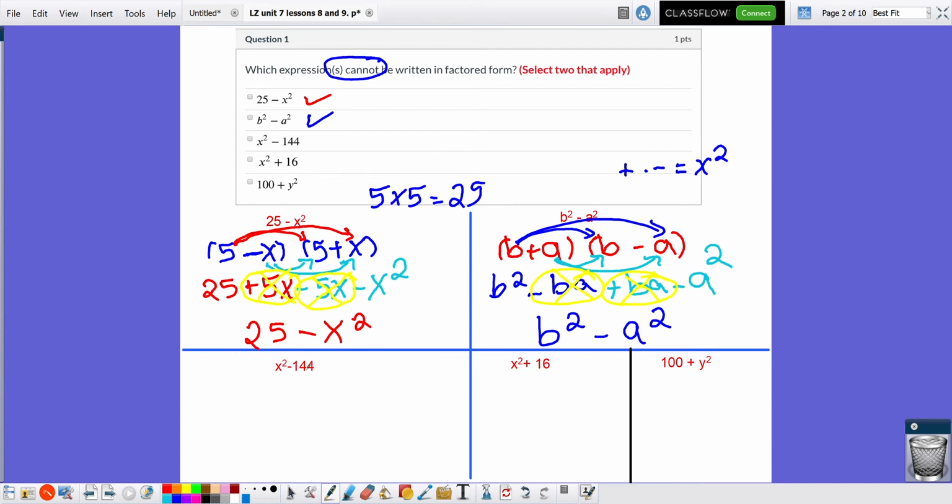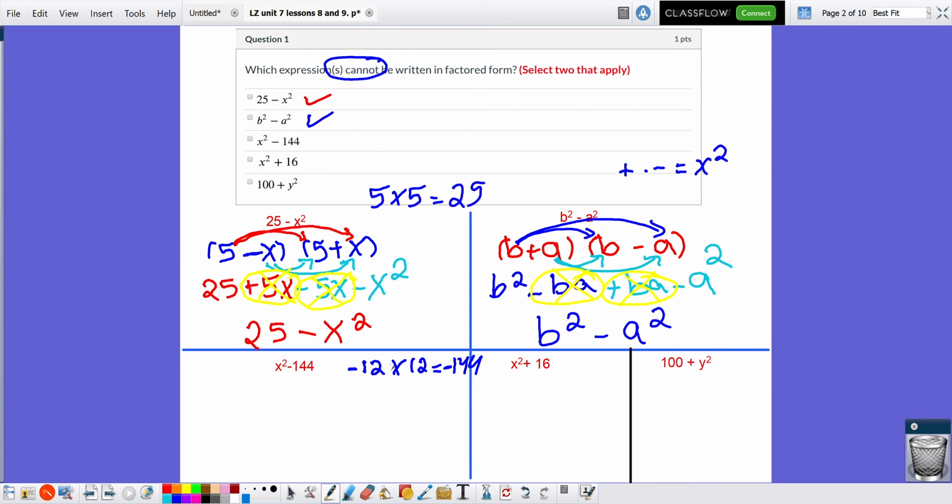For this one, we have x squared minus 144. So we know that there's a number that we multiply by itself. 12 times 12 equals 144. But we need negative 144, so one of these numbers is negative.